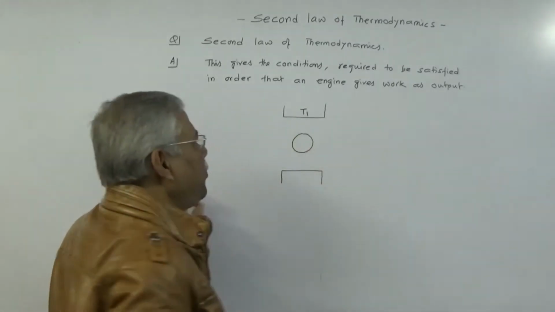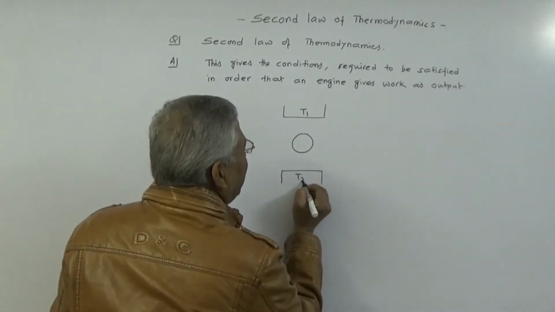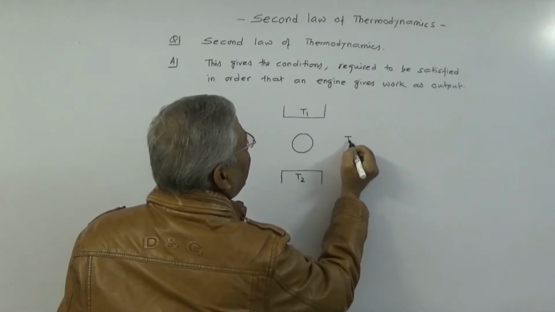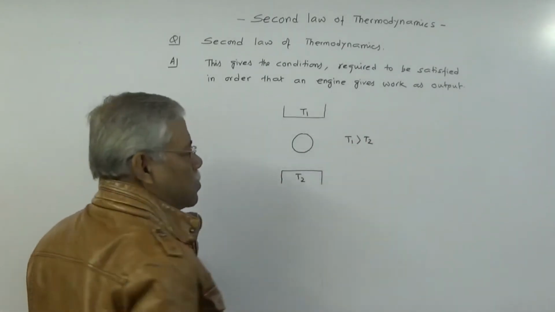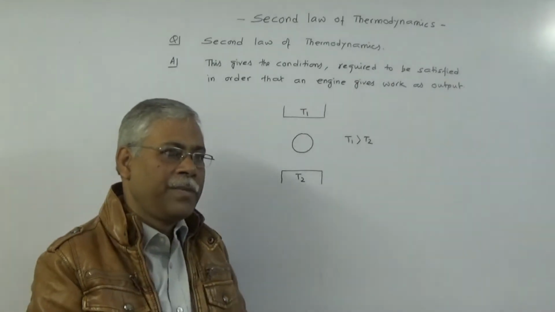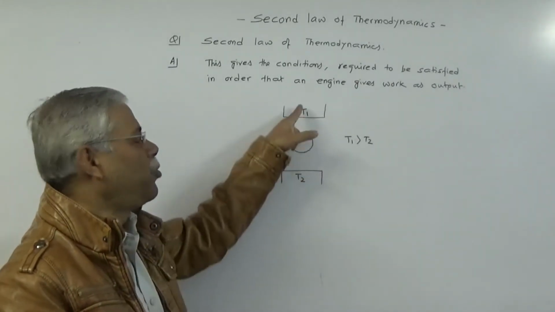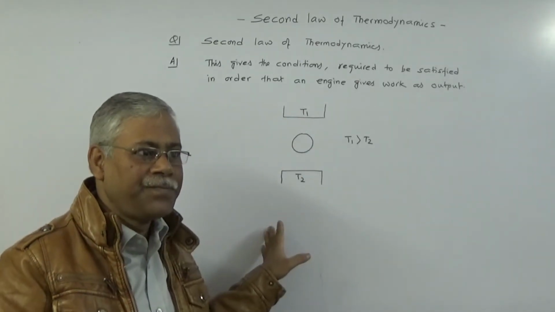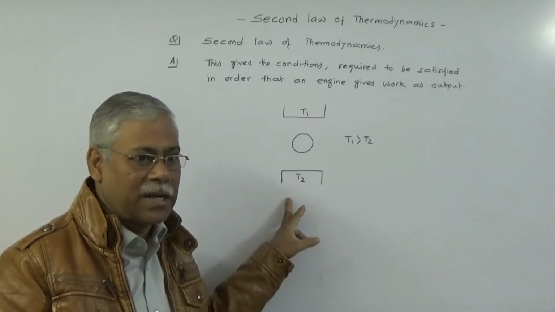This body is at T1 and this body is at T2, and T1 is greater than T2. So the second law is telling you that there have to be two bodies, and one body must be at a higher temperature than the other.